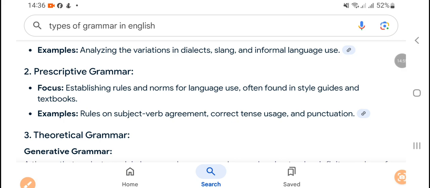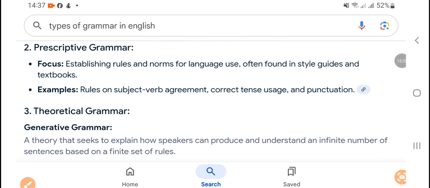So there are many slangs which are used in language, and these are the informal language, right? So new slangs are developed, right? So this is described in descriptive grammar, and that is informal language. Formal language, we are bound to use the words which are prescribed, so that prescriptive grammar we have to use.